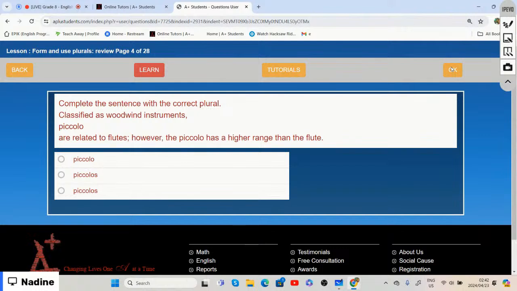So we can classify as woodwind instruments, piccolos are related to flutes. However, the piccolo has a higher range than the flute.